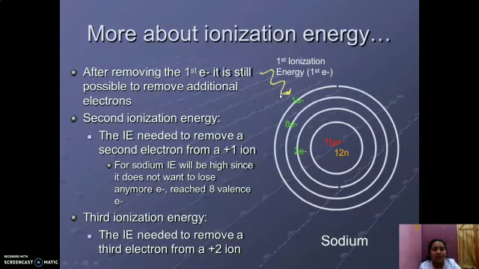So what are the factors affecting ionization energy? They are atomic size, nuclear charge, and the screening effect. So let's see one by one. And there are different types of ionization energy. First ionization energy is there.